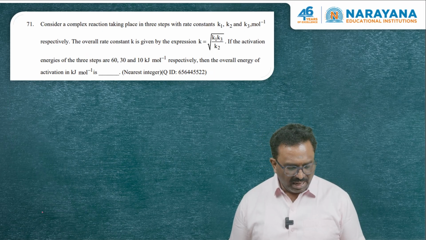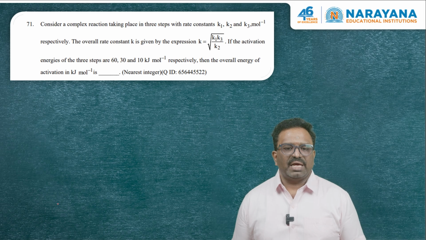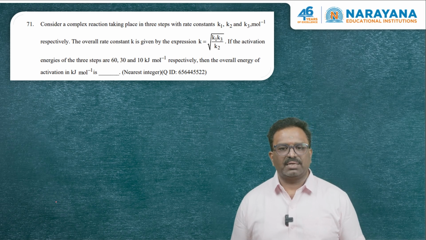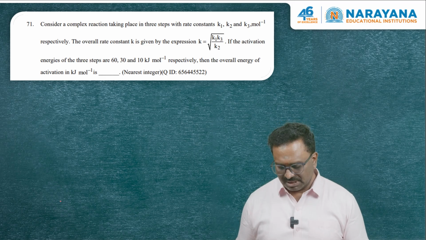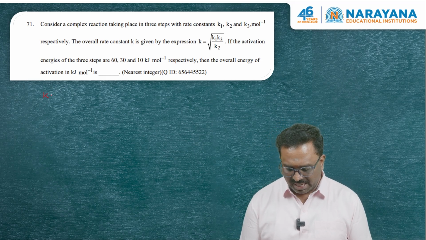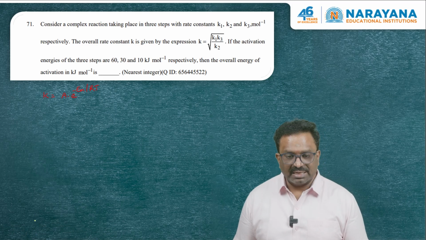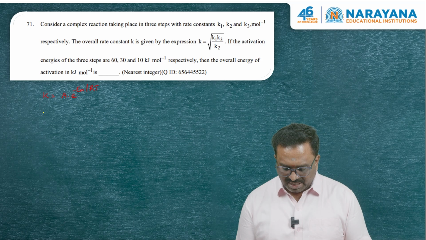Here we have an integer question. Consider a complex reaction taking place in 3 steps with rate constants K1, K2, K3 per mole inverse respectively. The overall rate constant K is given by the expression. Actually, the Arrhenius equation: K is equal to A into e to the power minus Ea by RT. Let us apply this Arrhenius equation for the given one.